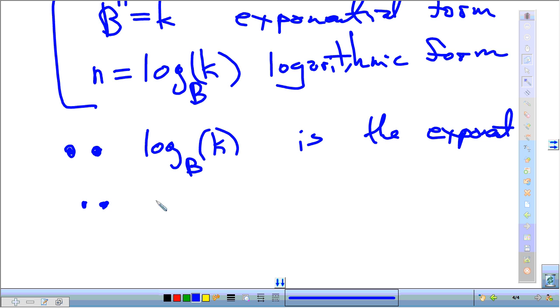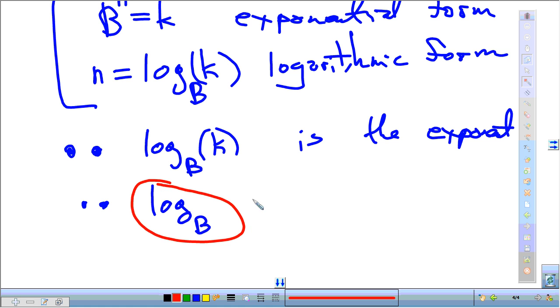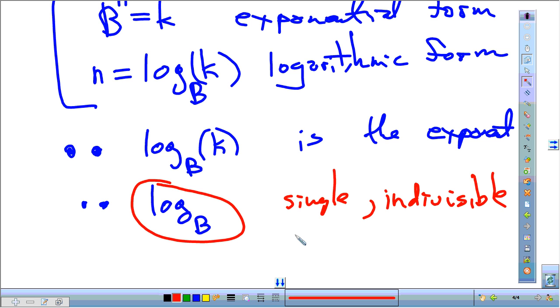The logarithm is that creature which would have been an exponent. Another observation: log sub b, this creature is a name in itself. It is a single, indivisible entity.